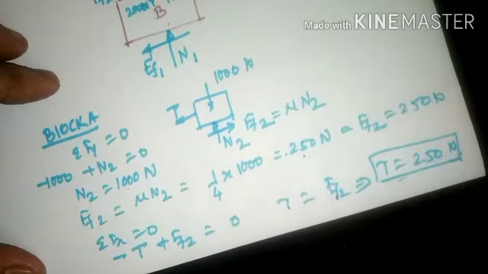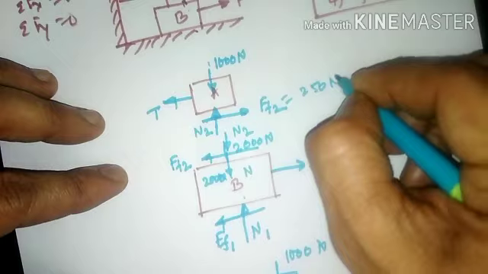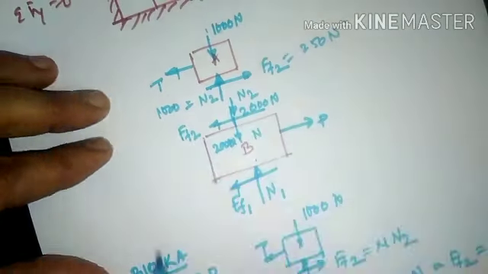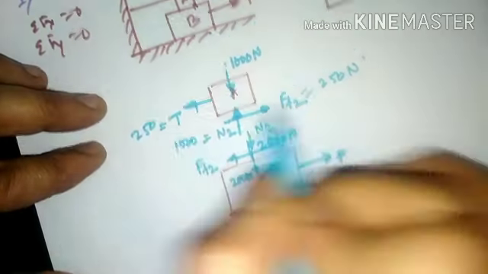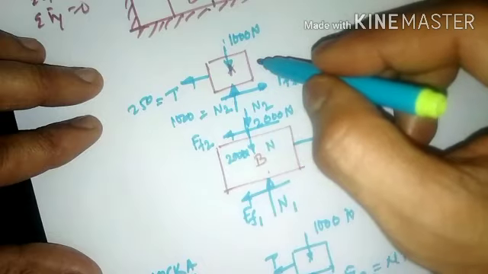So T will be equal to 250 Newton. So what you have calculated here is F of F2 to be 250, N2 to be 1000, and T to be 250. Whatever unknown parameters existed for block A have all been calculated now.